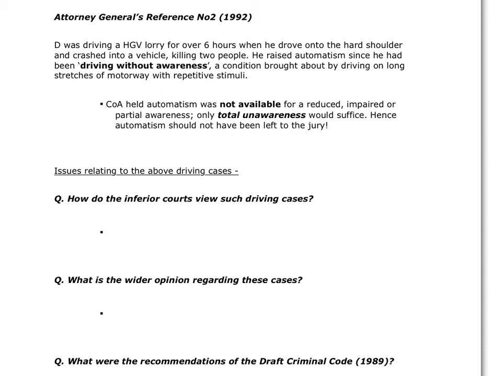The Court of Appeal held on the reference that it would not be available for reduced, impaired or partial awareness. Again, going back to the point, total unawareness is the only thing that would suffice. Hence, automatism should not have been left to the jury, which it was. So in this case, we're looking for total unawareness.